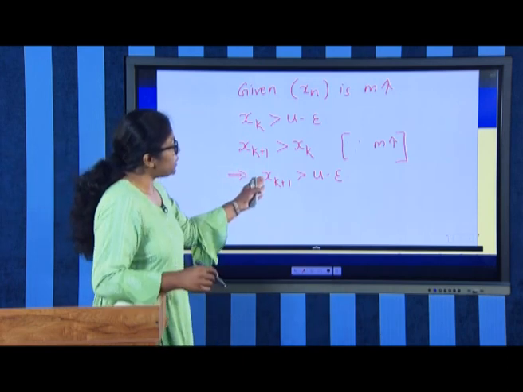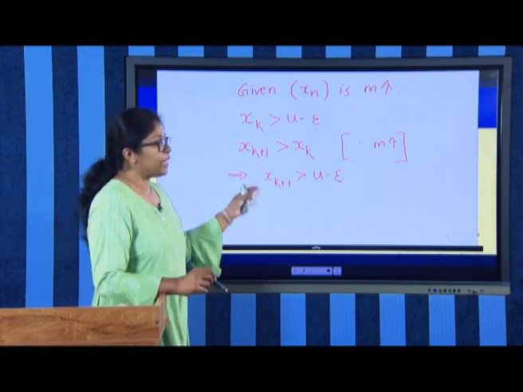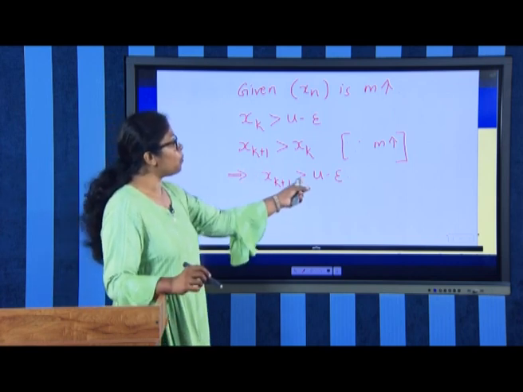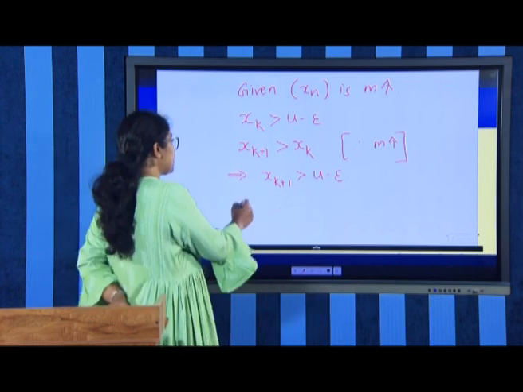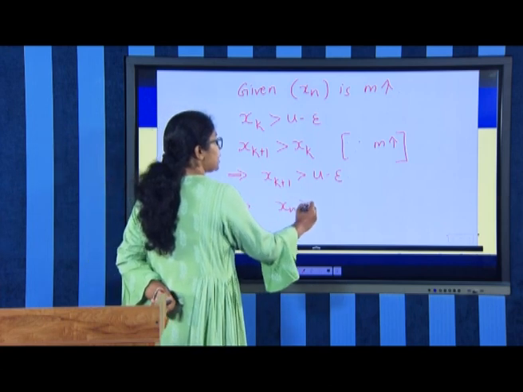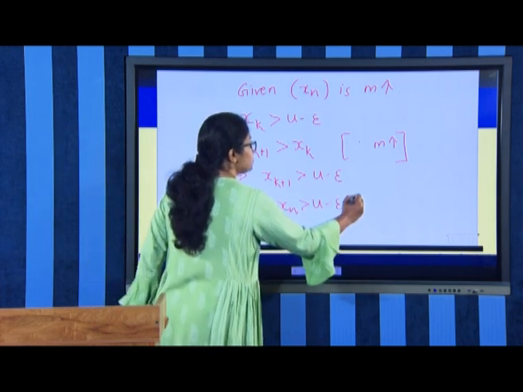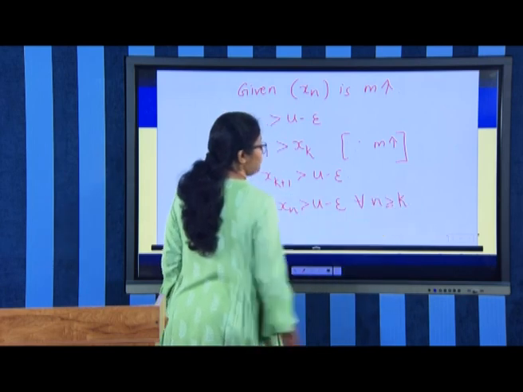and all the successive terms, that means xk plus 2, xk plus 3 etc., will be greater than U minus epsilon. So, in effect, xn is greater than U minus epsilon for every n greater than or equal to k.